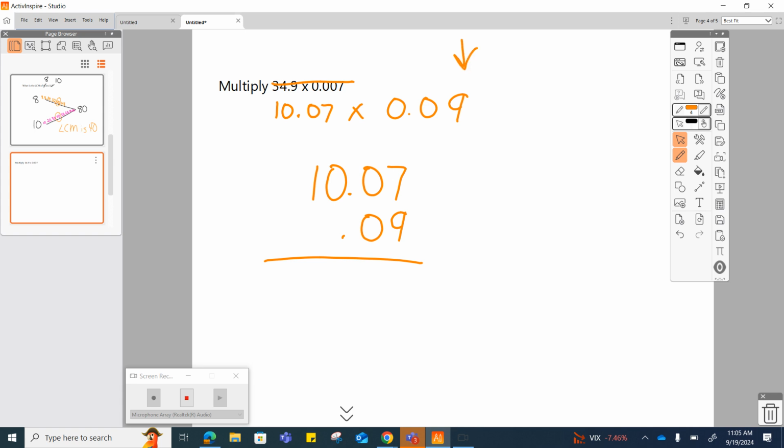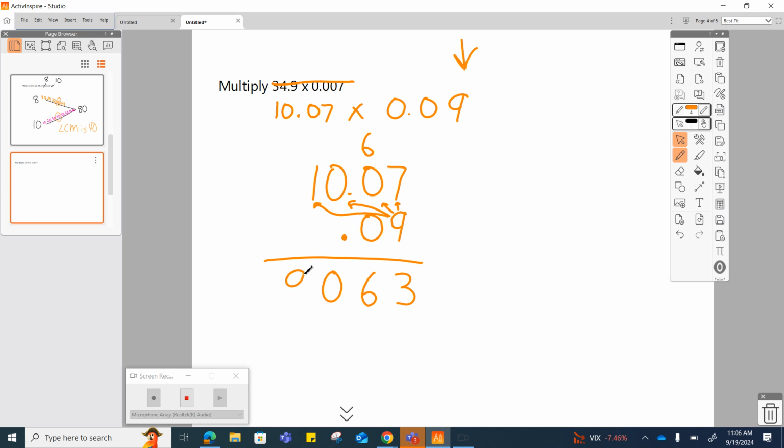7 times 9 is 63. So I'm going to put a 3 here. I'm going to carry the 6. 9 times 0 is 0, but I have to add the 6. Then I'm going to do 9 times this 0, which is 0, and 9 times 1 is 9.